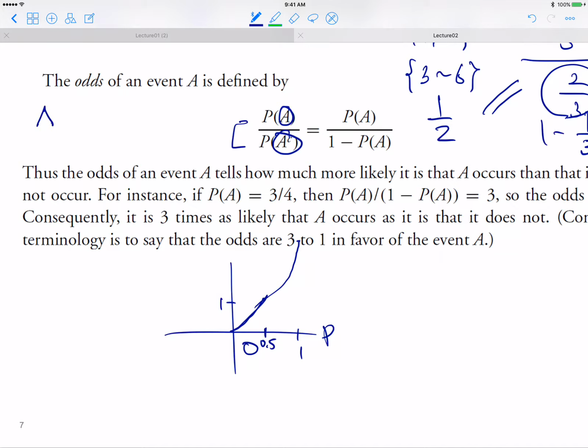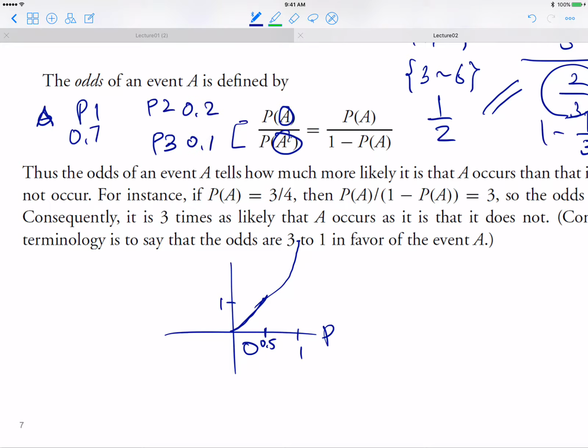So you are person 1, and you are competing against person 2 and person 3, and you have the probability of 0.7 of winning this game, and this guy is 0.2 and 0.1.